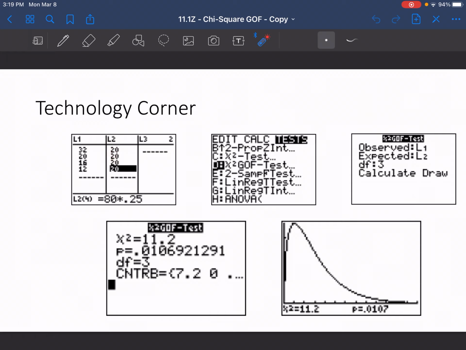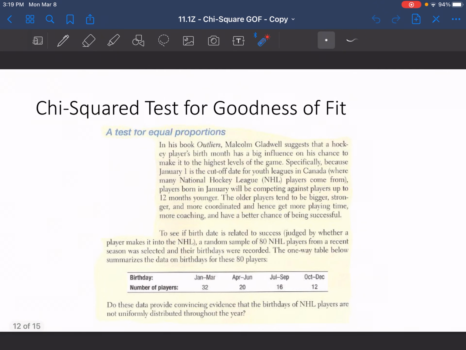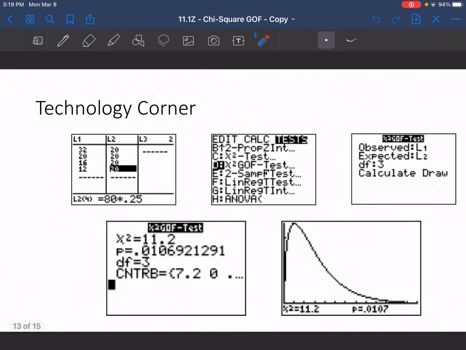And for L2, I can then hit stat again, arrow over to tests, scroll up so that you get to the bottom of the list, and then keep scrolling up until you see D right there, which is the chi-squared GOF test. Then you want to make sure that L1 is your list for observed, L2 is your expected values list, with the degrees of freedom of 3, because we have 4 total categories, so 4 minus 1 gives us 3.